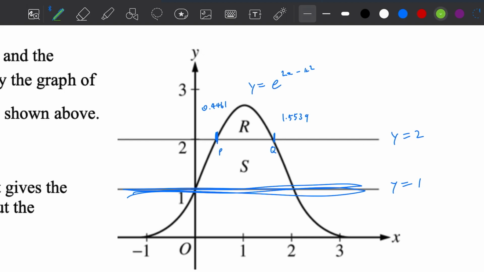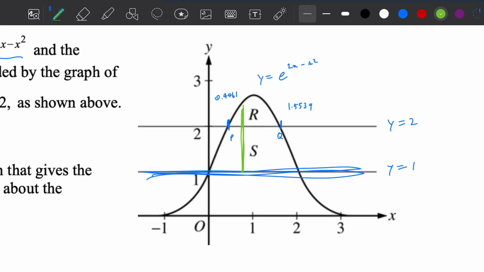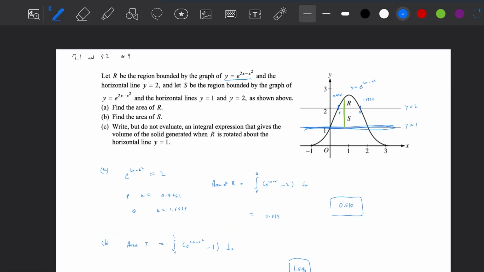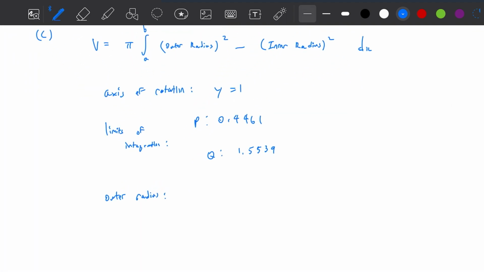Now we'll represent the outer radius using green, which would be right there. Since this is a distance, we have to take the top curve minus the axis, which would be e to the power of 2x minus x squared minus 1. So we will write that down. Outer radius being e to the power of 2x minus x squared minus 1.